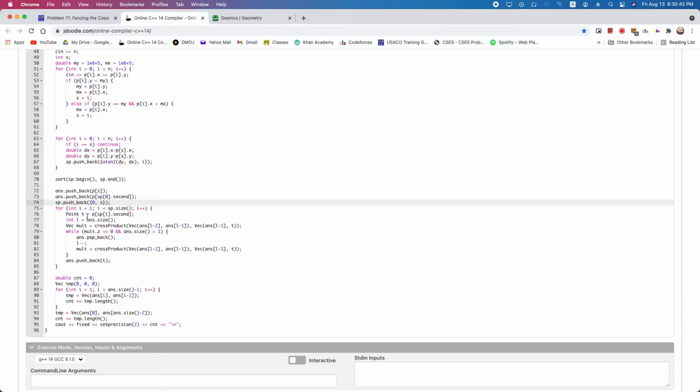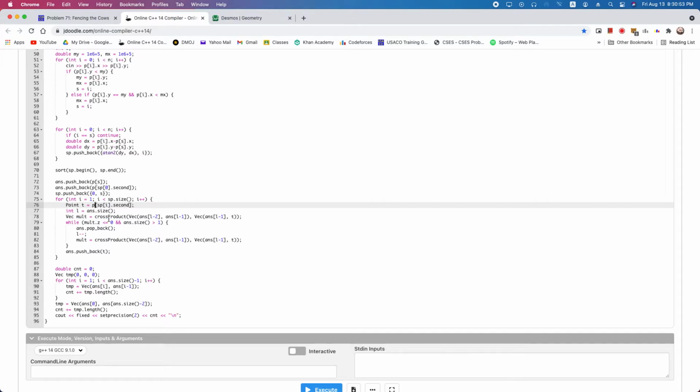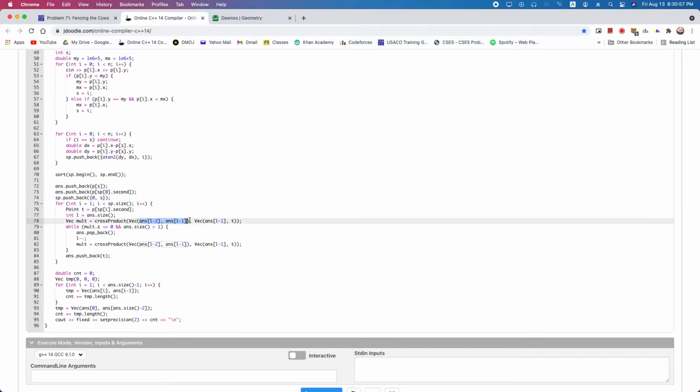Here we will get the point that we're currently looking at, and this will go in order of the angle. Here we will get the cross product of our last two points that we got. This is why I pushed in this point as well, because we will think of this as a middle point.